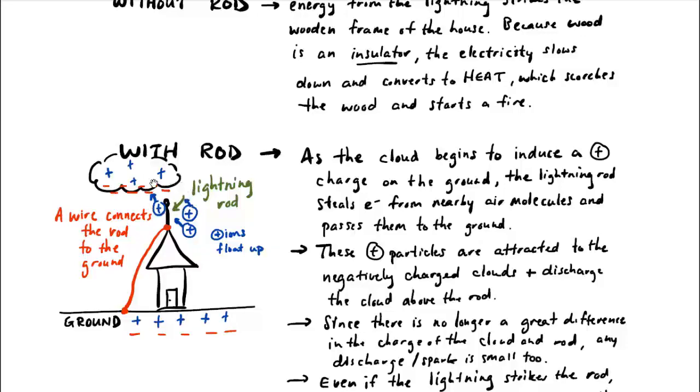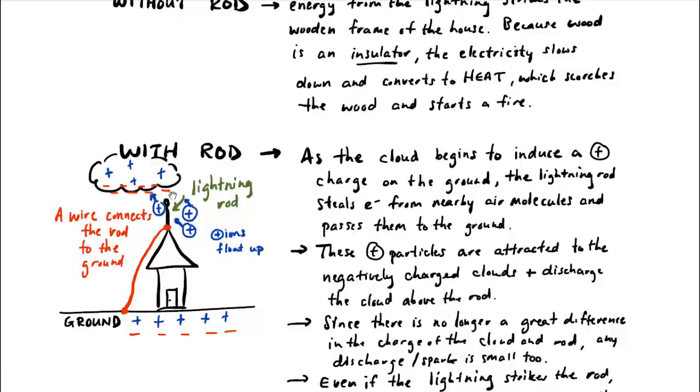Well, if there's a discharge in this area, then the negatively charged cloud is less negatively charged. It's not going to have such a strong strike if it does go to ground. And if it does go to ground, it's probably not going to do it in this particular area because there's such a reduction in the charge difference between the negative cloud and the positive ground.